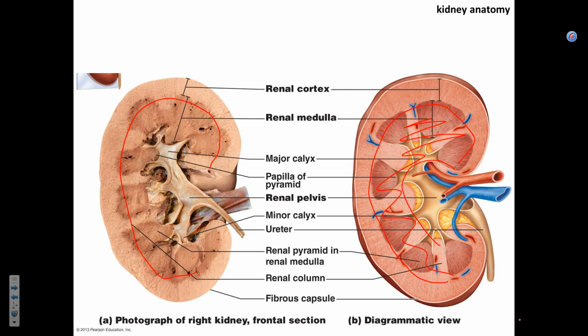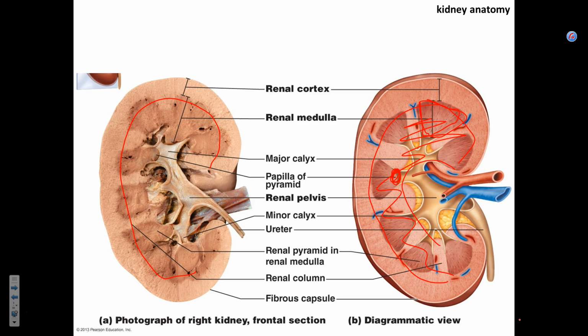If you look at the structures of cortex and medulla, you will see that medulla is organized in almost triangular structures. These triangular structures are called renal pyramids. And the top of each pyramid is called the renal papilla.